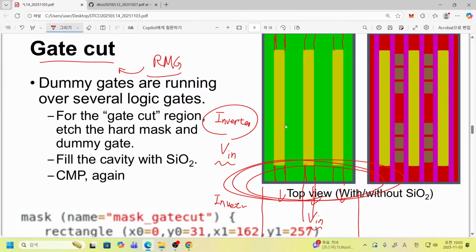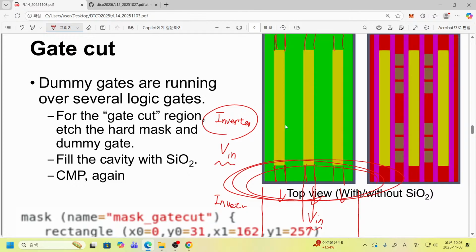After the metal gate is once fabricated, they try to cut this metal gate. Once you make a metal gate, then cut it. This is another approach. I'm not so sure what is the most advanced one, but in this 7 nanometer FinFET technology, this is the typical standard position where we perform this gate cut.